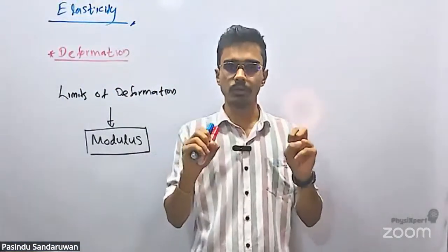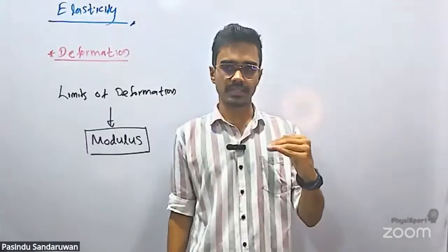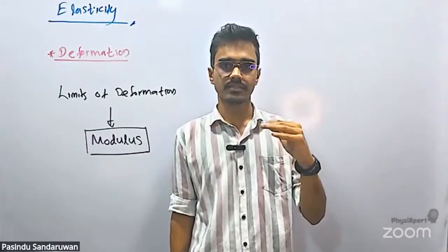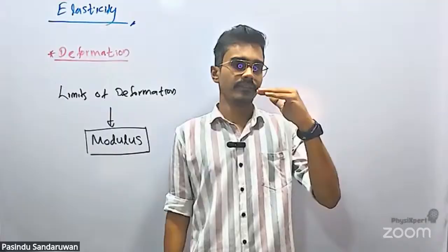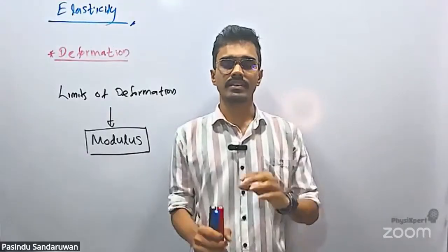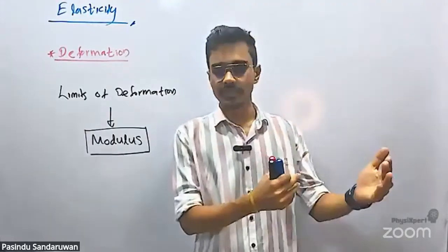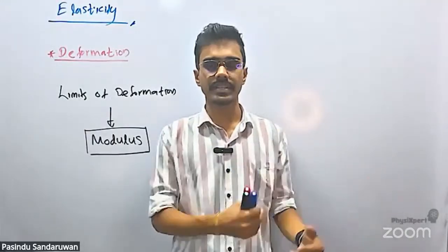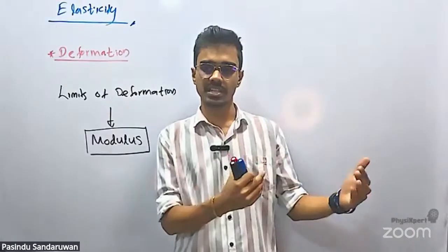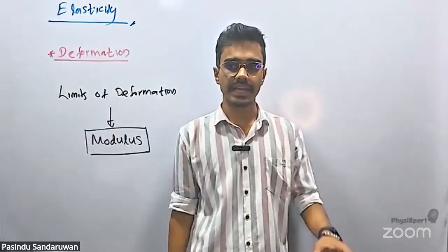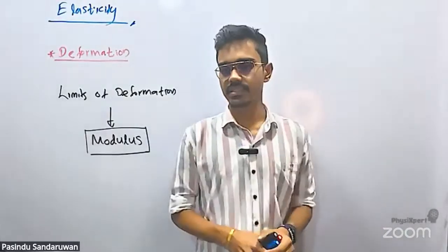Modulus is a value. So based on the value of the modulus and the concept behind this, we can decide up to which limit it can be deformed, up to which limit it can be stretched, or up to which limit it can be contracted. That is based on the modulus, right?